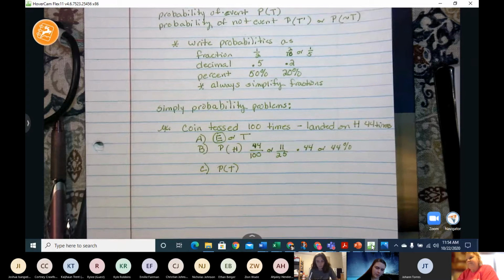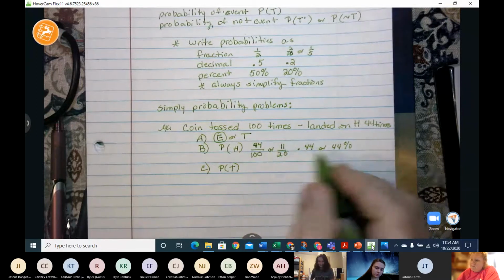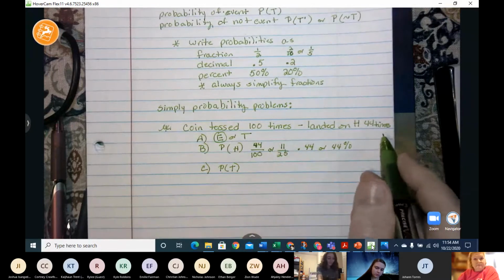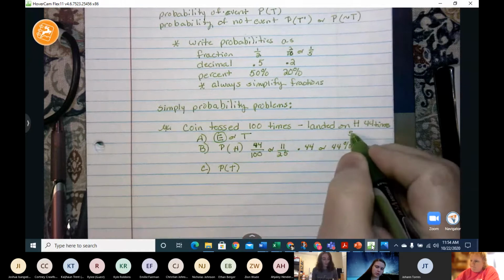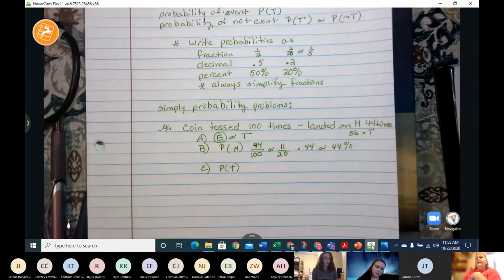What would that be? 100 minus 44 would be 56, wouldn't it? If it didn't land on heads, it had to land on tails the other times.